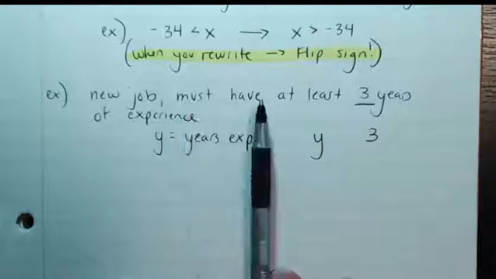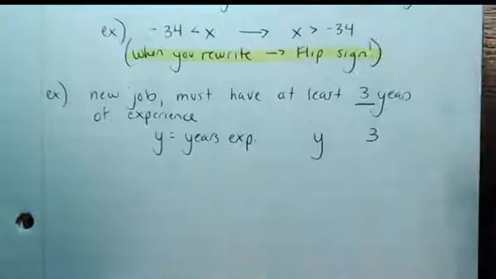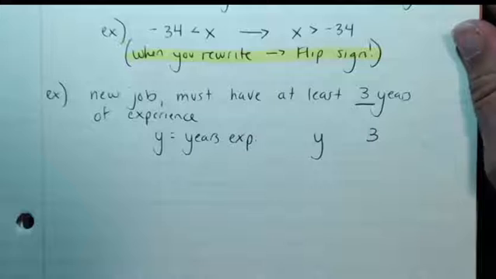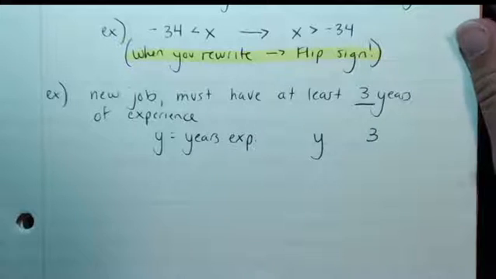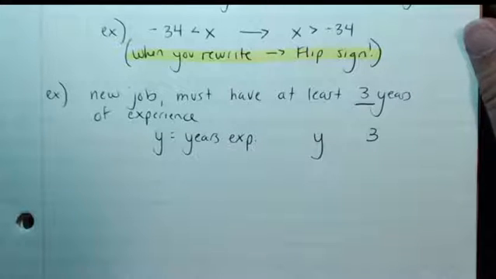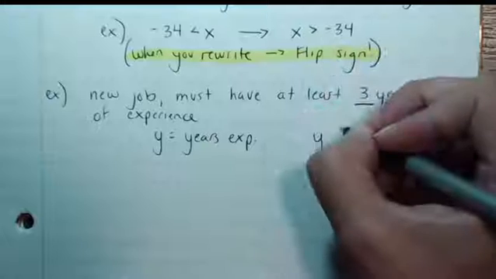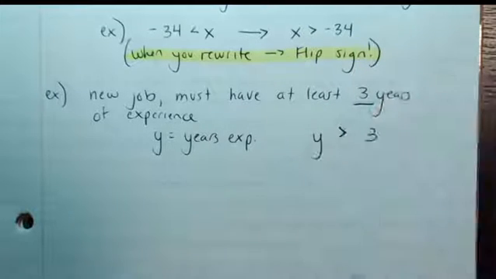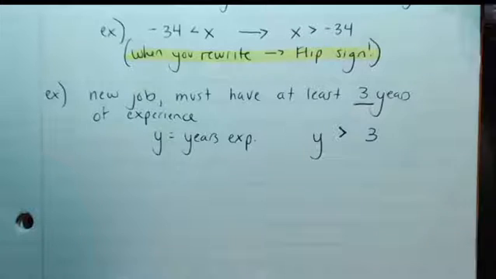Okay, again, I must have at least 3 years of experience. So is that less than 3 years experience or more than 3 years experience? I'm going to have more than 3 years experience because it says at least. That means at the very minimum 3 years or more. Now, can I have 3?